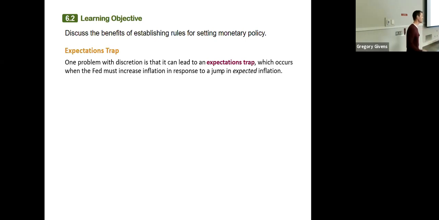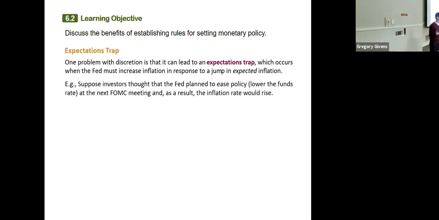Now, that's kind of theoretical and abstract. So let me try to provide a straightforward line of argument that can help rationalize how this might arise, okay? Let's suppose that for whatever reason, private investors in the economy think that at the next FOMC meeting, the Fed is going to ease monetary policy by lowering the federal funds rate, okay?